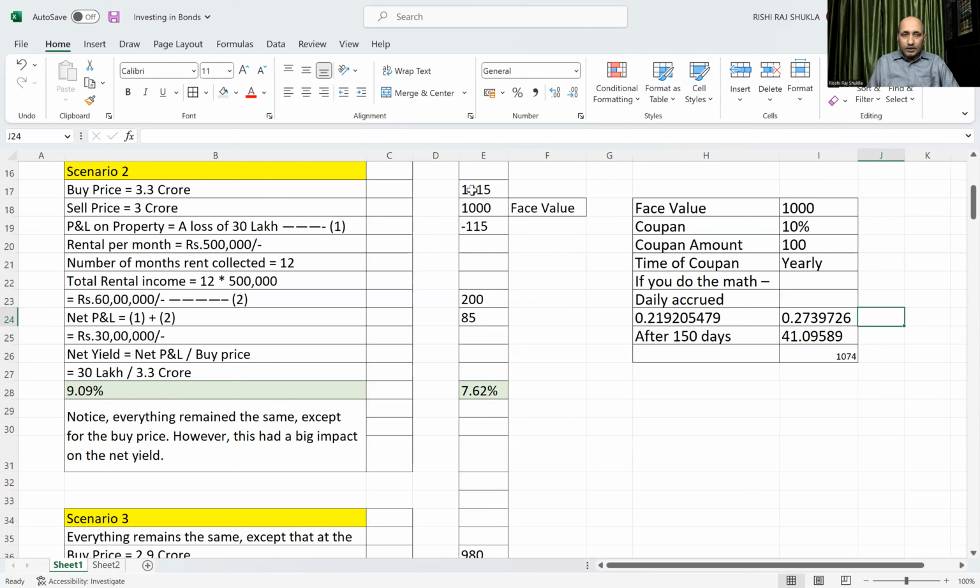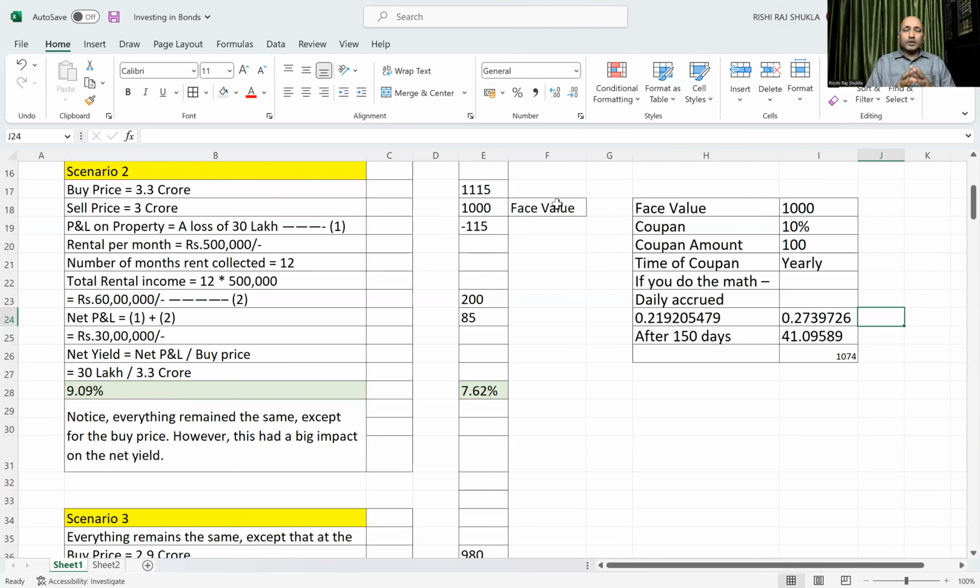If this remains the same, that means accrued interest is 41. So this minus this, we can see 1074 is the actual bond price at a premium value, and the settlement will be this 1115. This final amount was paid.